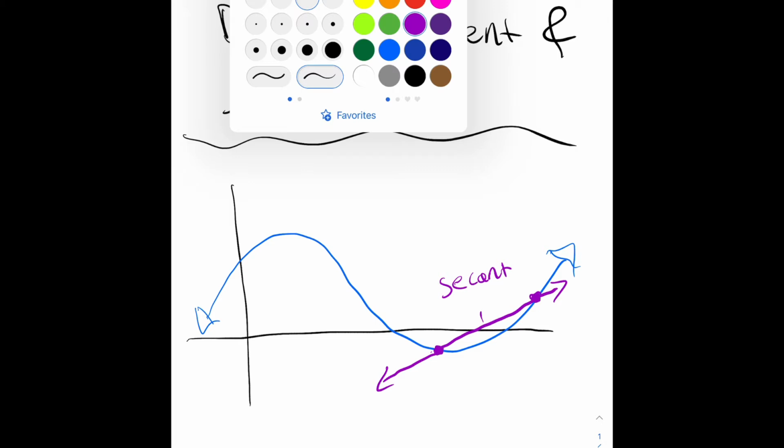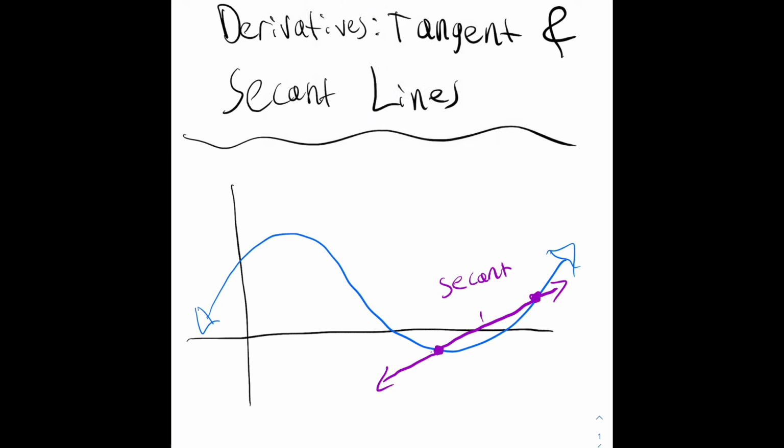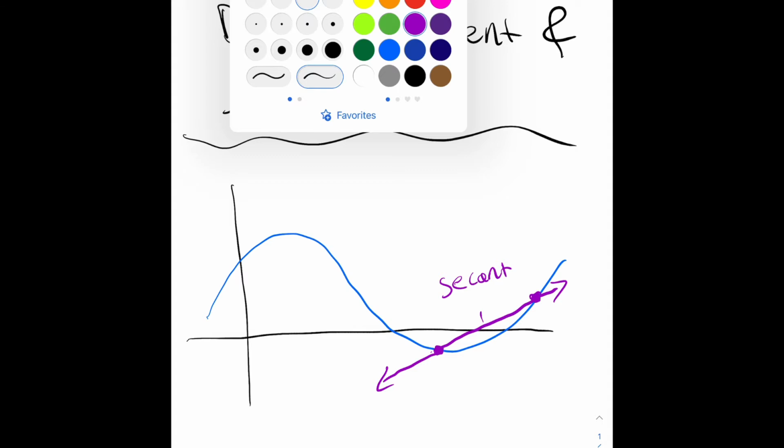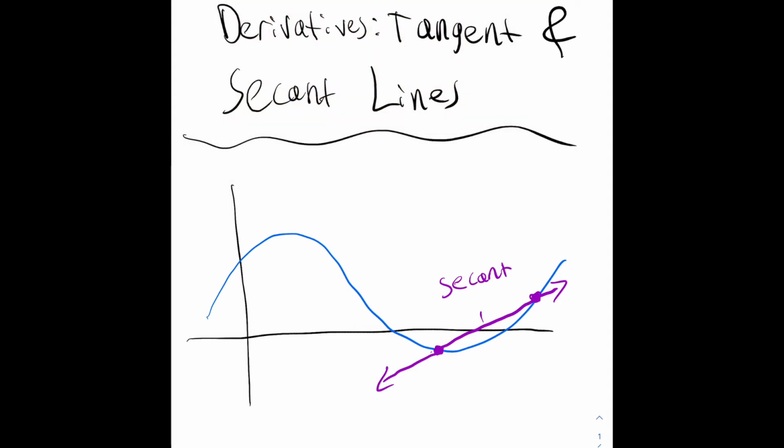Whereas if I look at a tangent line, it is only going to touch my graph one time. So if I were to think about right here, I would say this graph touches one time and that's it.